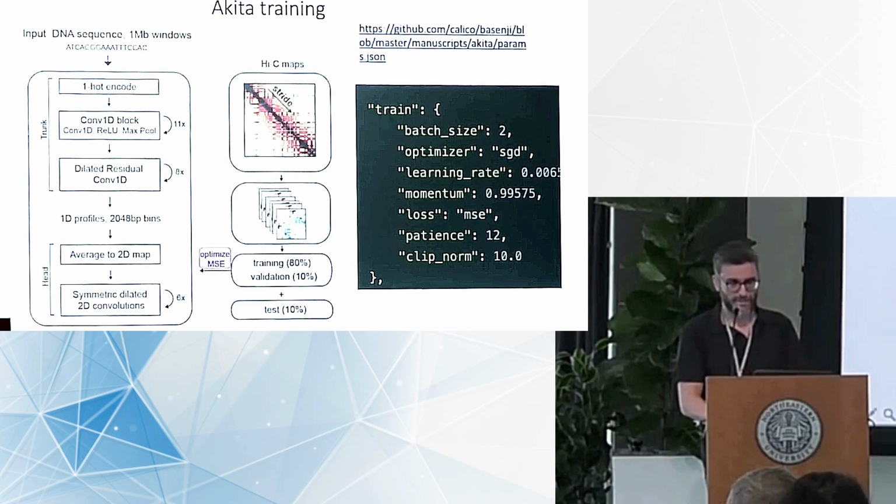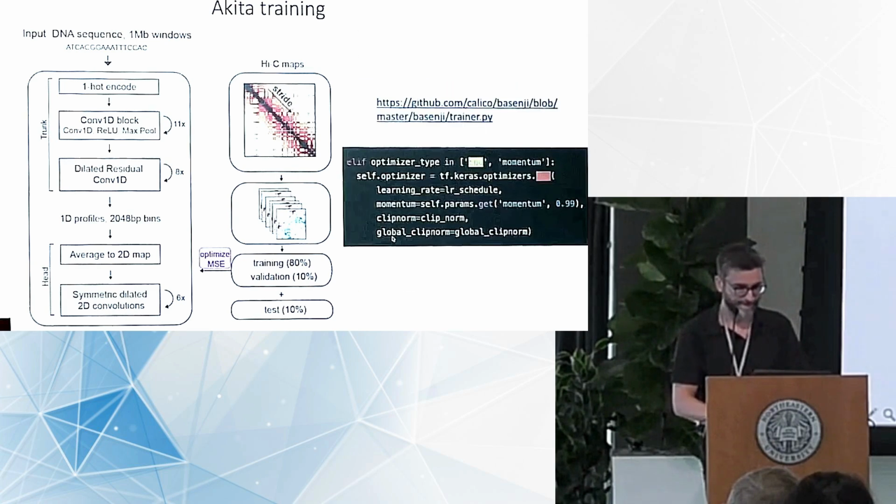Clip norm is a truncation on the updates to this SGD. So if your update would be huge, don't do it. And this patience term we'll talk about in a second. Okay, this is how it's implemented at the level of code.